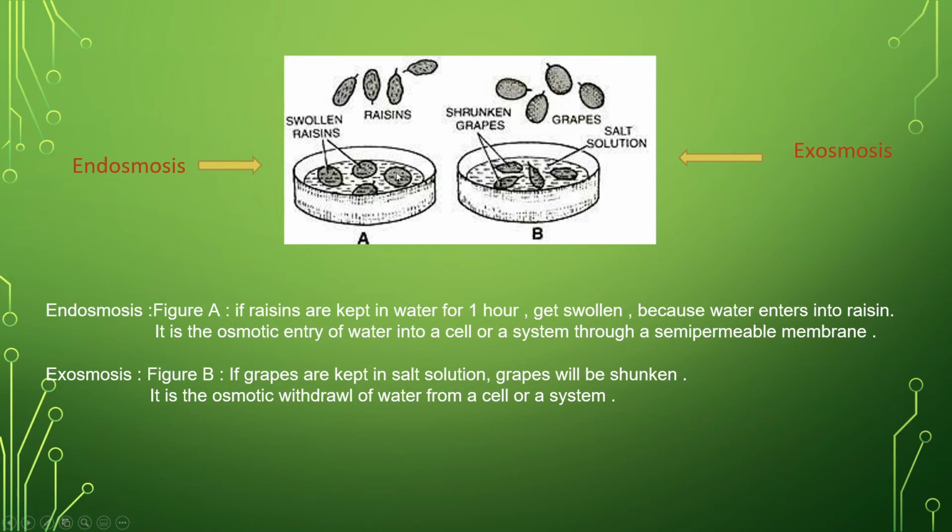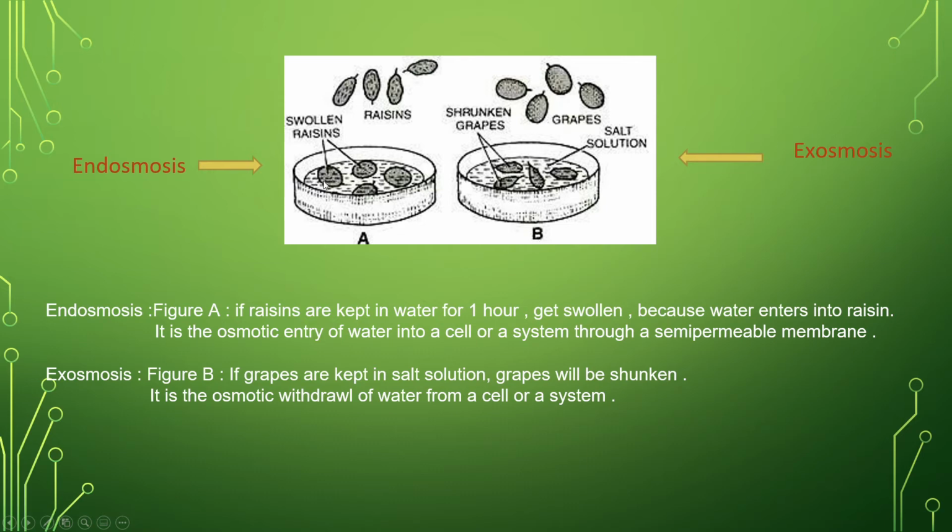Because the concentration of water is less outside, and the concentration of the solution inside the resins is more than outside. So the water enters from outside to inside the cell or system. That is called endosmosis. That means water enters from outside to inside, from lower solute concentration to higher solute concentration.